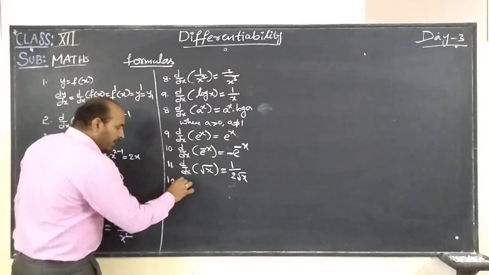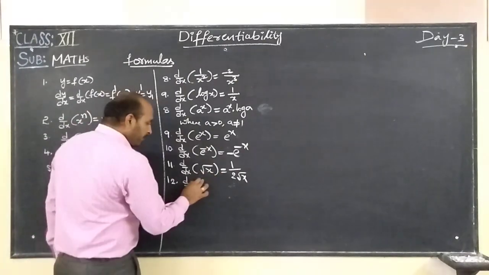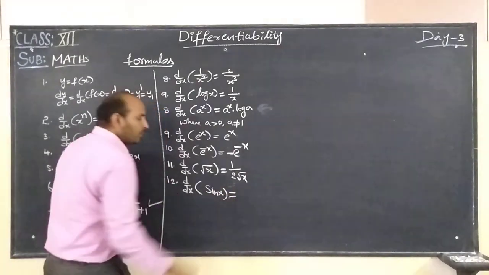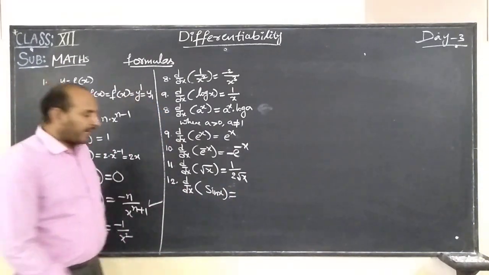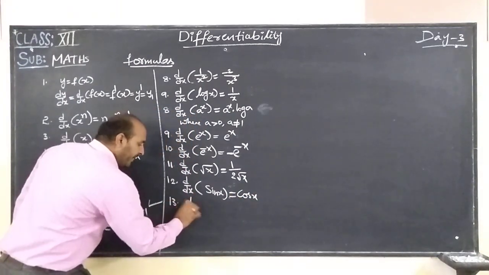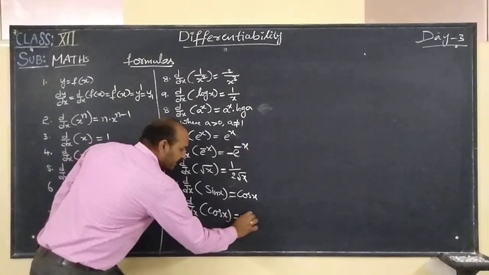Next, d by dx of sin x, which is equal to cos x. D by dx of cos x is minus sin x.